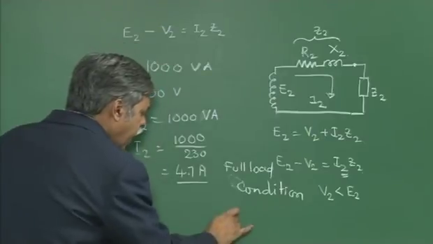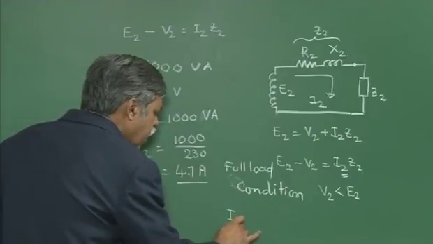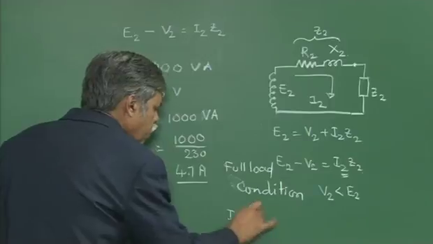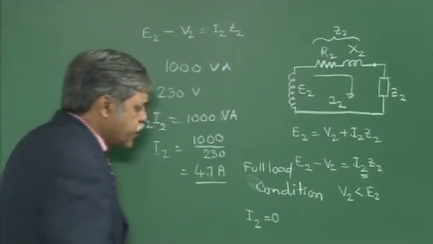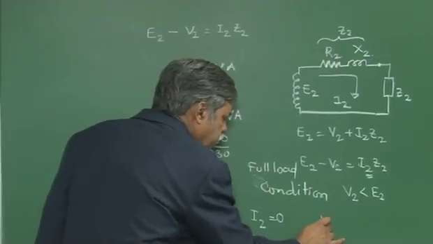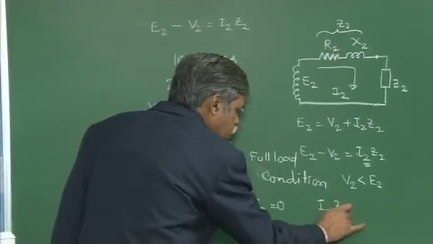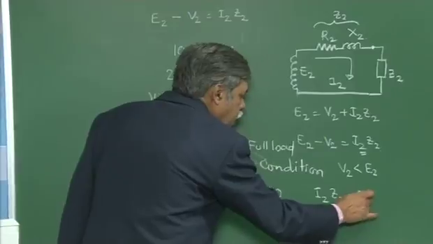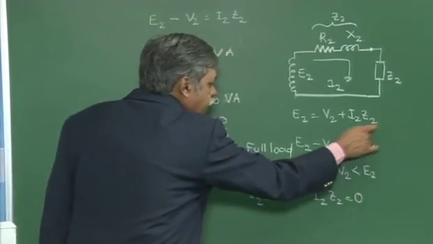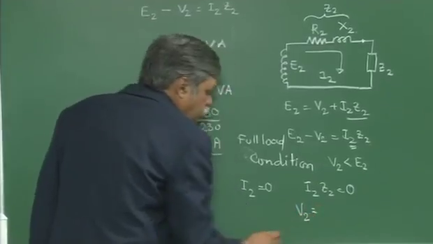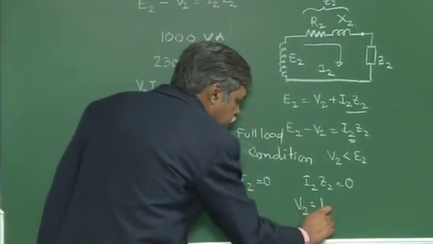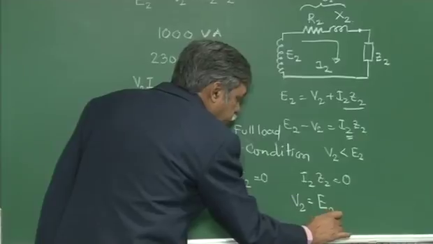Now, let us say suddenly I reduce the current to 0. What do you mean by that? It means I remove the load all of a sudden. Under such a condition I2 becomes 0, therefore I2 Z2 also becomes 0. From this equation, when I2 Z2 becomes 0, the secondary terminal voltage V2 jumps to a voltage of E2.